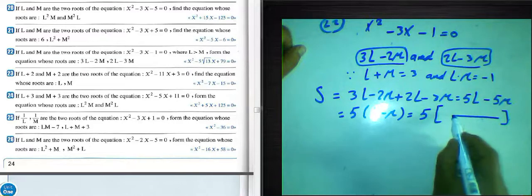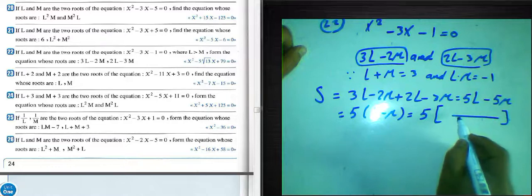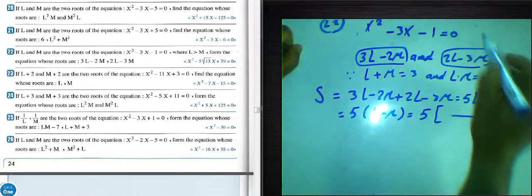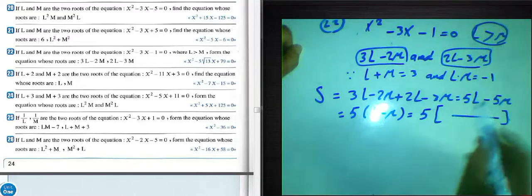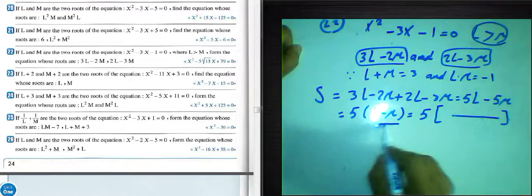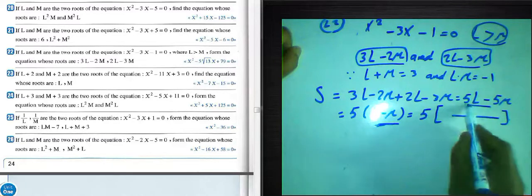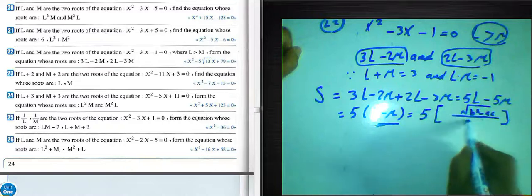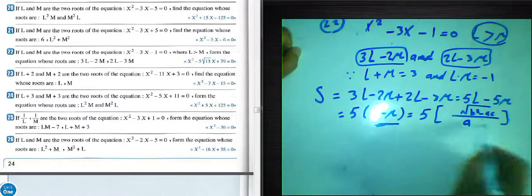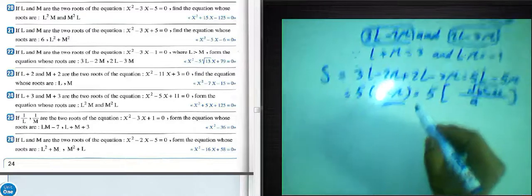Positive or negative? Okay, he gave us L was more than M. So the subtract between L and M will be root of b power 2 subtract 4AC over A. It was L minus M. Can you see it?